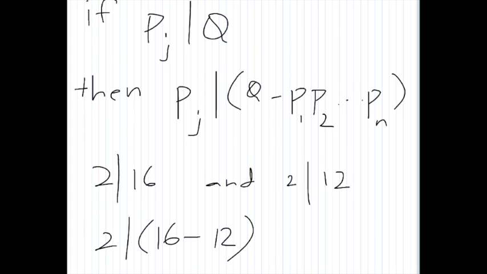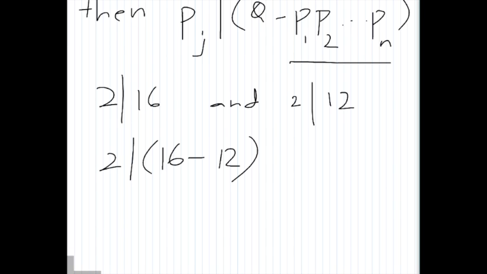Now if pj divides q, then already pj will divide the product because pj is one of the factors in this product. So if pj divides q, obviously pj divides this product, then pj should divide the difference of them. But what is the difference of them?